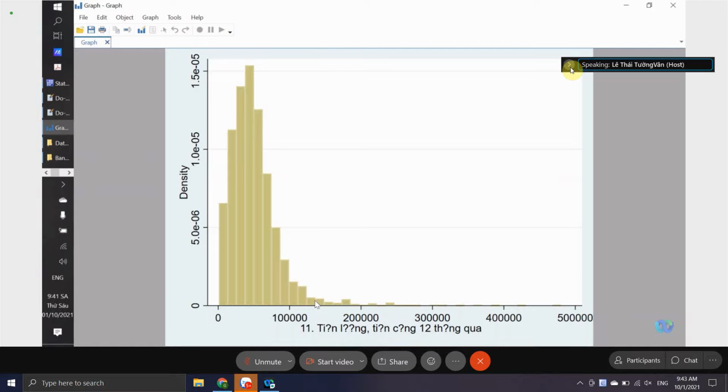And this is a typical picture of the income distribution. The majority of the people will earn something quite low on average. But some of you, especially those who graduate from VGU, have very high income.